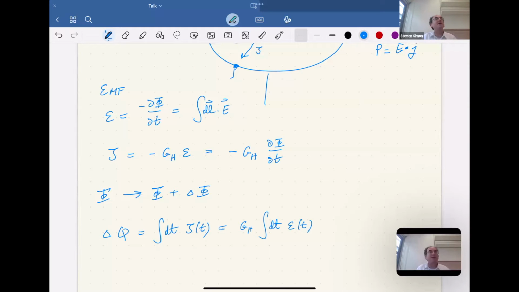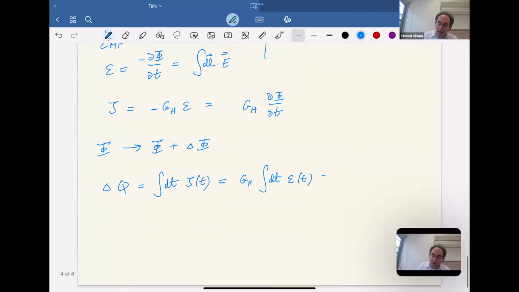I see I've lost a minus sign. The minus sign was supposed to be here, but I had an extra minus sign there. Okay, good. And that is then G Hall times the integral dt d phi dt.